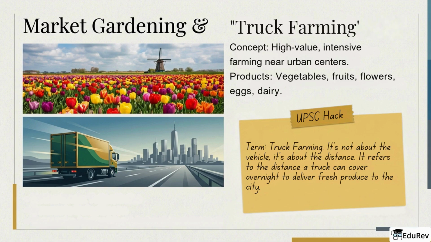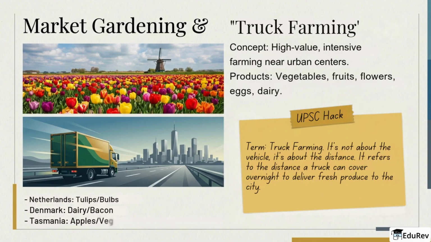It is about the distance produce can be moved overnight to reach the city fresh. That is the real meaning. Attach the examples carefully. Netherlands, tulips and bulbs. Denmark, dairy and bacon. Tasmania, apples and vegetables, often moved by boat to the mainland. This is climate plus transport plus urban market working together.